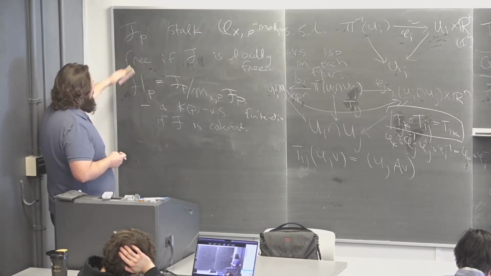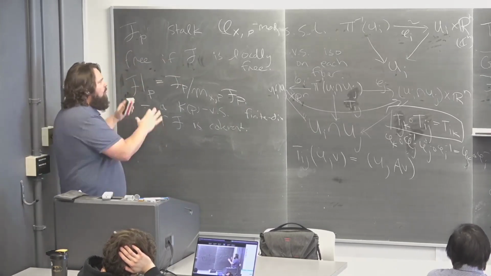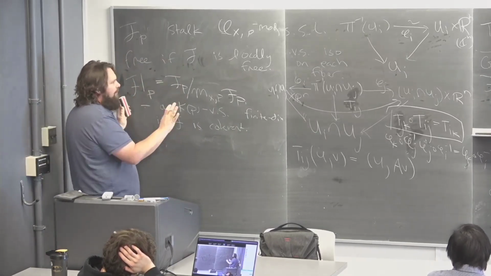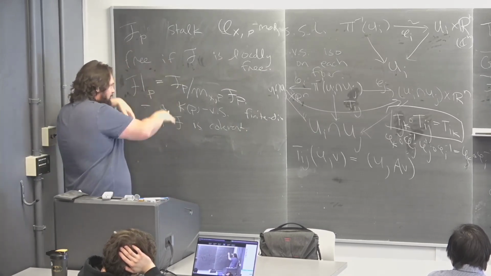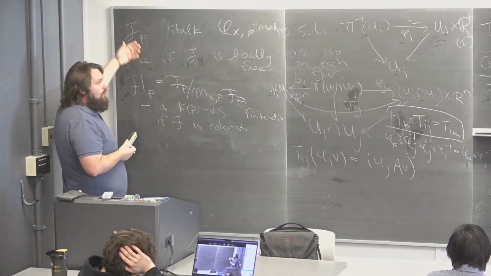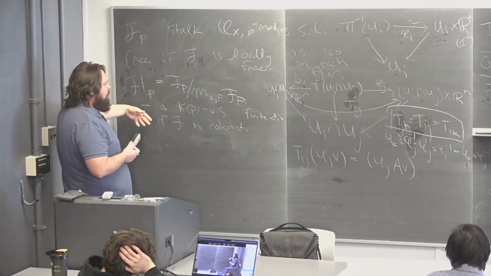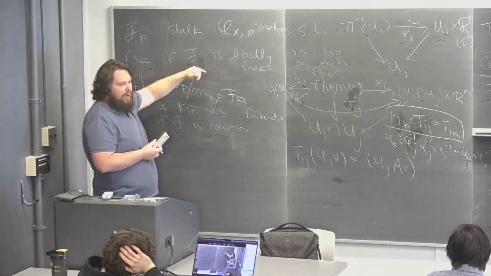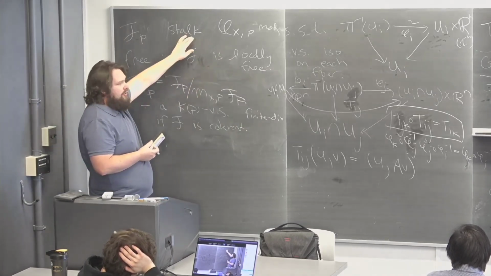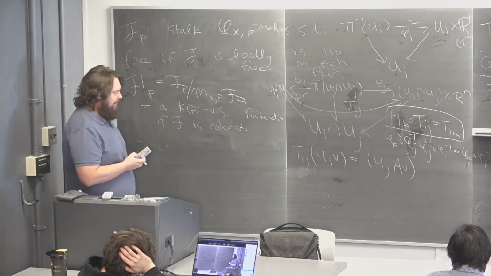I'm sort of not being super consistent. I don't want to just assume that F is a locally free module the whole time, because it's relevant that you can do all this stuff with any coherent sheaf. You just might not get a free module. You'll still get a module over the stalk, it just might not be free.